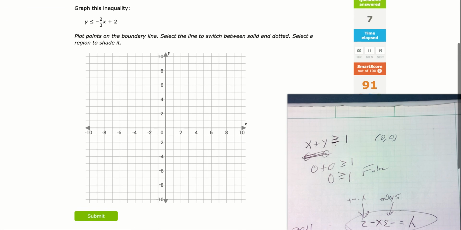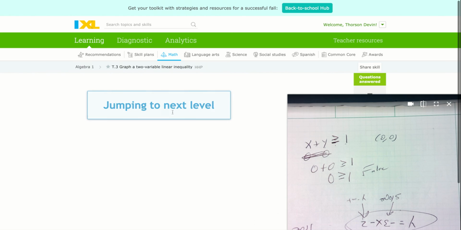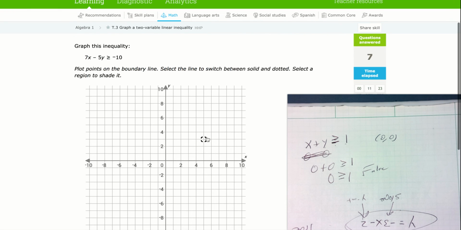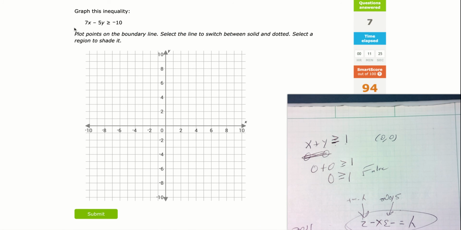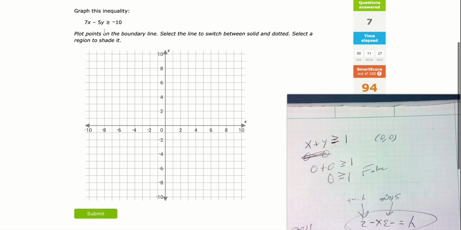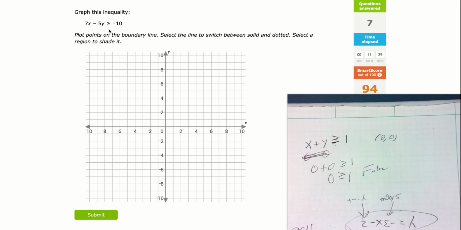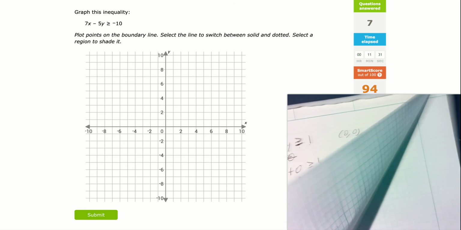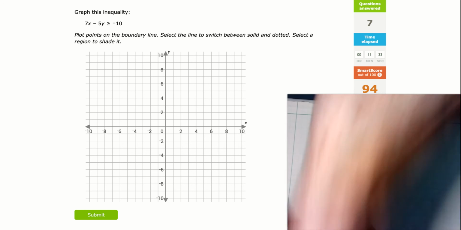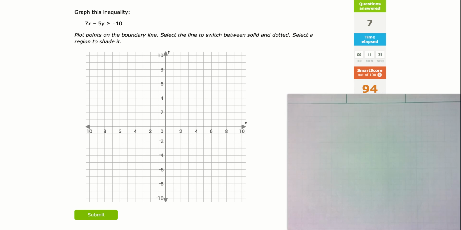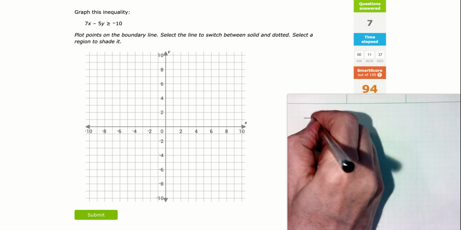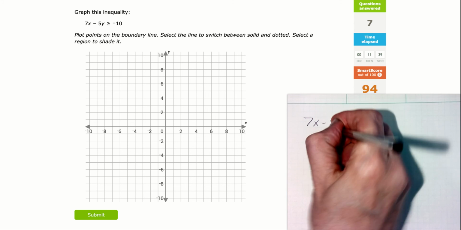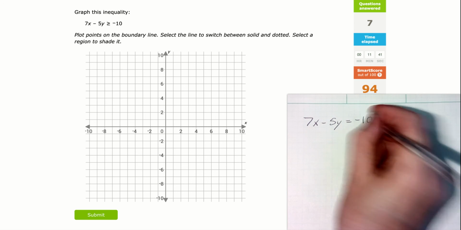Now let's look at this. This is no different. Let's go to the next. Okay, so let's do this one. This one might be a little bit harder because, again, the x-intercept is not an integer. So again, just to show you how quickly, though, you should be able to do this. Again, I'm writing it first as an equation.